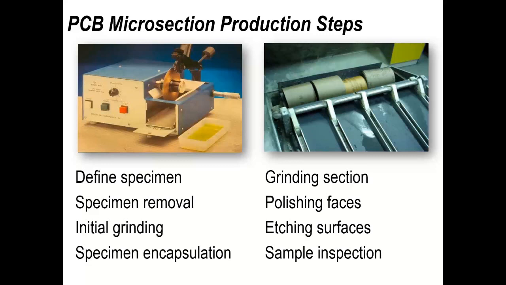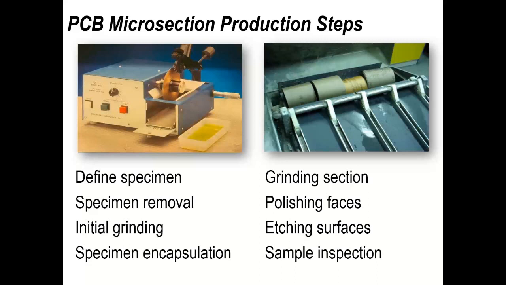So if you're removing components, sometimes it's better to do it mechanically rather than desolder it, because you're putting heat into the board. So you might actually modify what you're trying to examine by heating it.